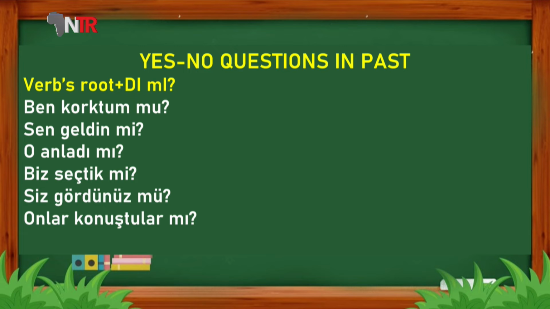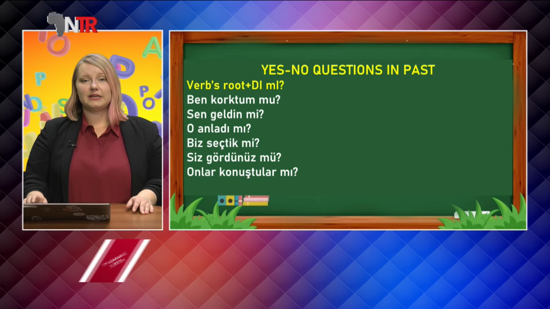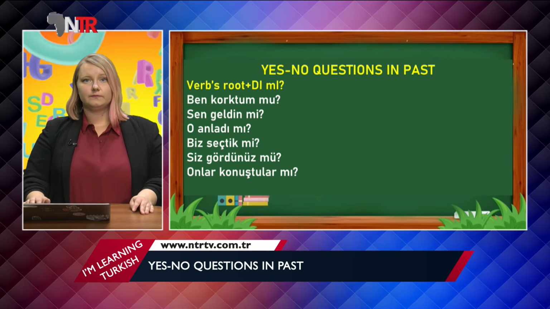Did we choose? Siz gördünüz mü? Did you see? And onlar konuştular mı? Did they speak or did they talk?